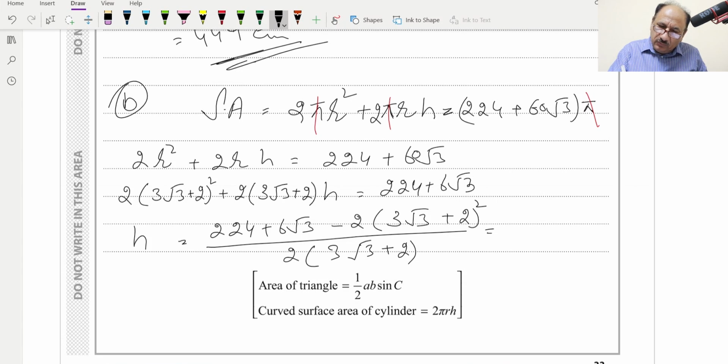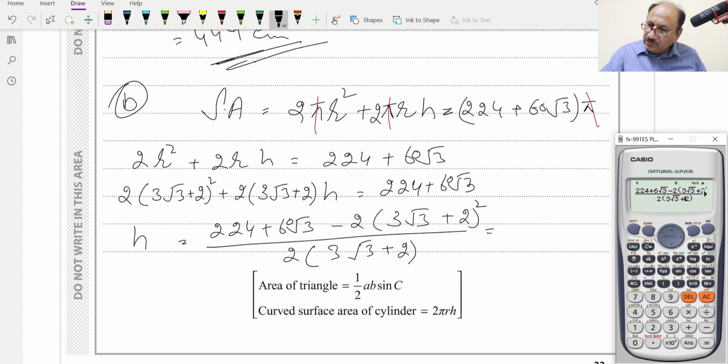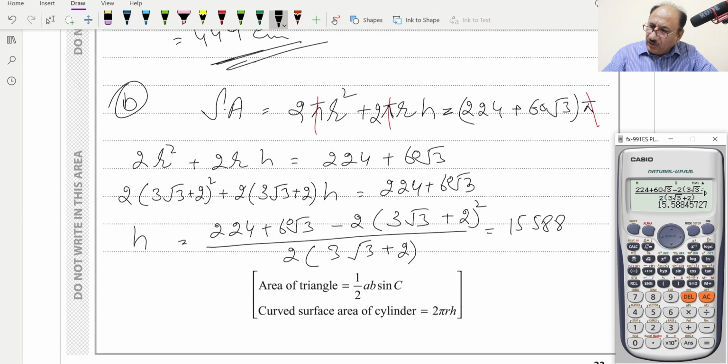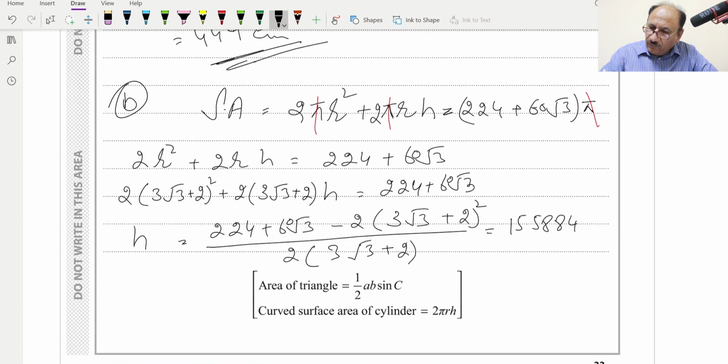We missed the 0 from here, and we can rectify it. 60 will be here, and then we can change the value over here, and now this is 15.588. I will write all the calculator numbers: 15.588 45727.